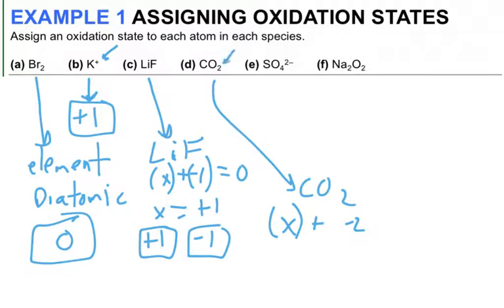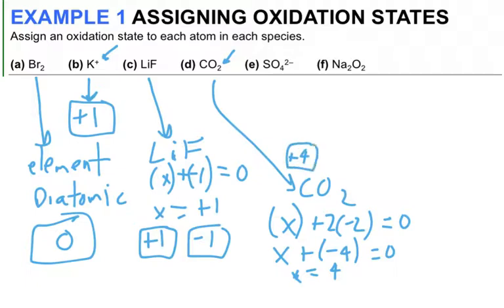There are 2 oxygens. So we've got to multiply that by 2. Each oxygen is -2, but we've got 2 of them. Now we're going to set that equal to 0. So X plus -4 after you multiply is equal to 0. When you solve for X, X is equal to +4. So in this example, carbon is +4 and each oxygen is -2.